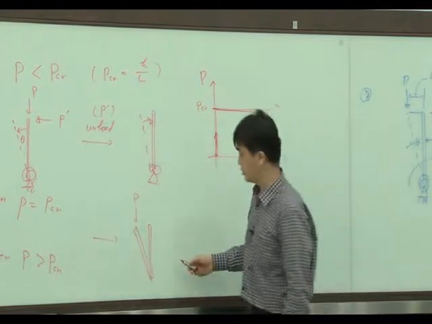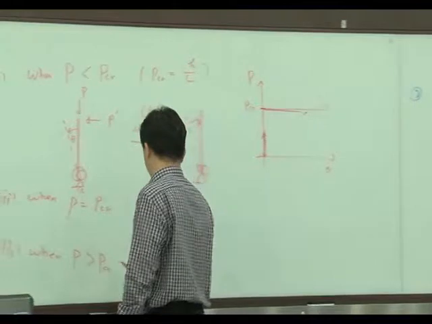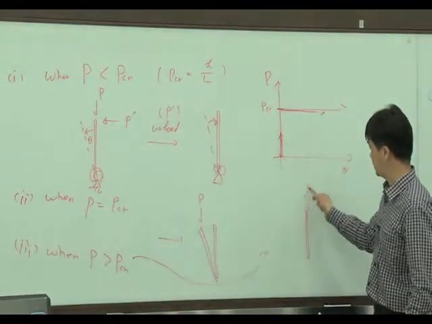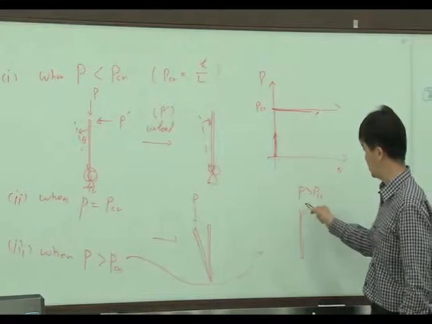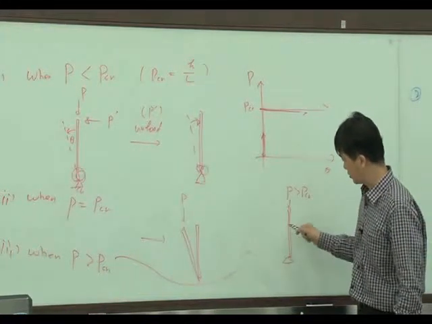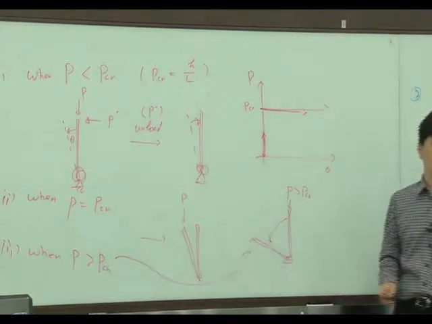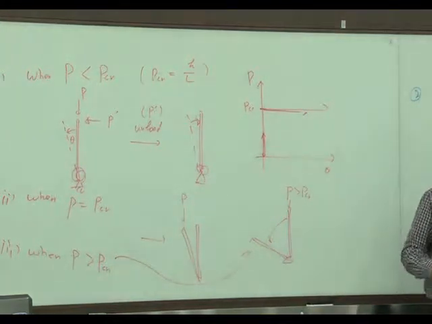So, in the third case, if P is bigger than PCR, it rotates and falls down. This is a dynamic phenomenon, actually, a collapse.